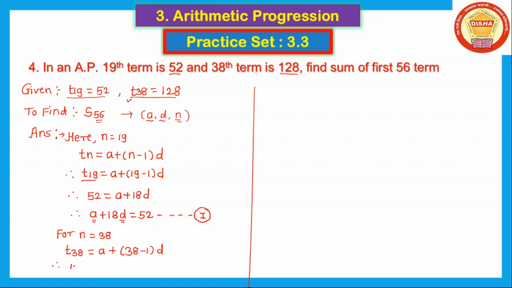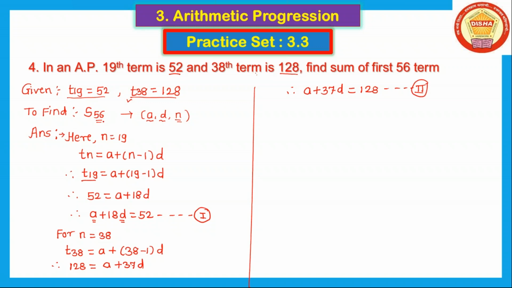The 38th term is 128. So we write here 128 is equal to A plus 37D. Then we write it again in standard form, A plus 37D is equal to 128. This is our second equation.